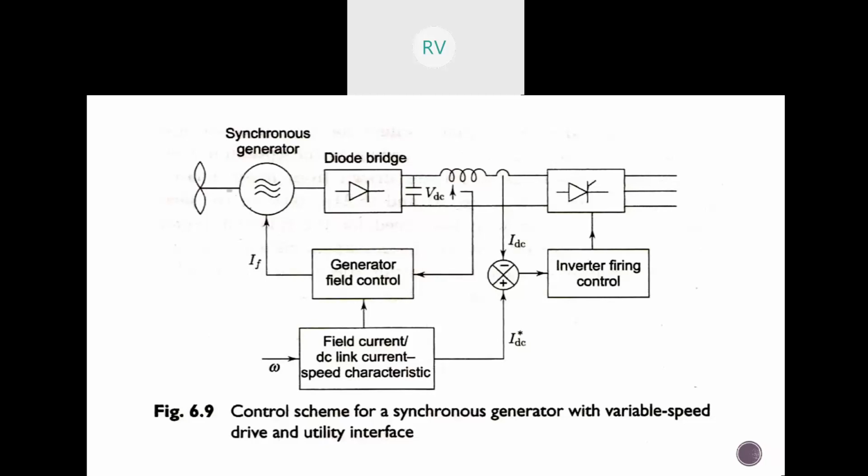Here you can see that we have a synchronous generator, we have a diode bridge, we also have a generator field control, we also have the field current or DC link current versus speed characteristics. Next, inverter firing control, all these things we have. So we are just using all these things instead of the switched capacitors and rectifiers with the switched capacitors in case of the synchronous generator.